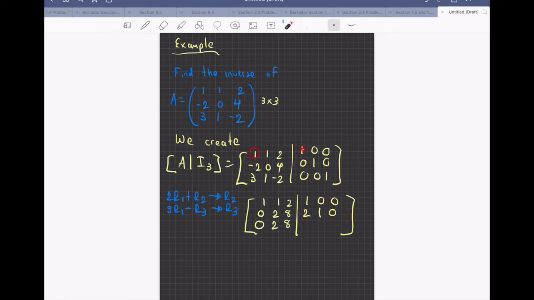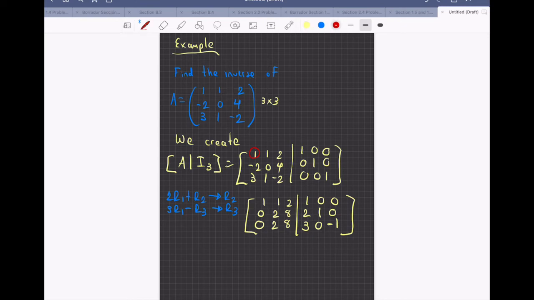And 3 times 1 is 3 minus 0 is 3. 3 times 0, 0 minus 0, 0. And 3 times 0, 0 minus 1, negative 1.